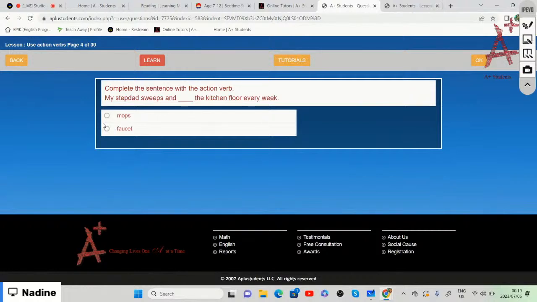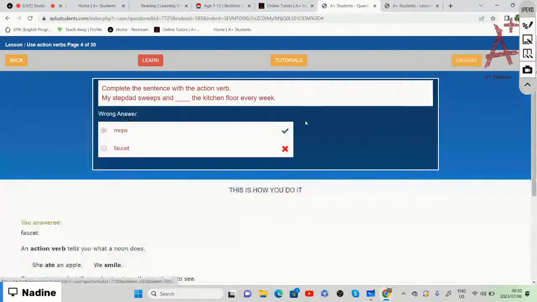We need to choose the correct action verb that matches the sentence. This is our way of showing that we are able to use the action verbs within a sentence. So I'm going to choose faucet, and that is incorrect. If you chose mops, then well done.